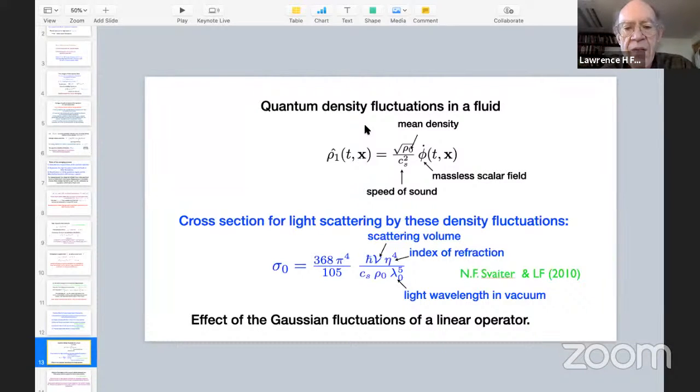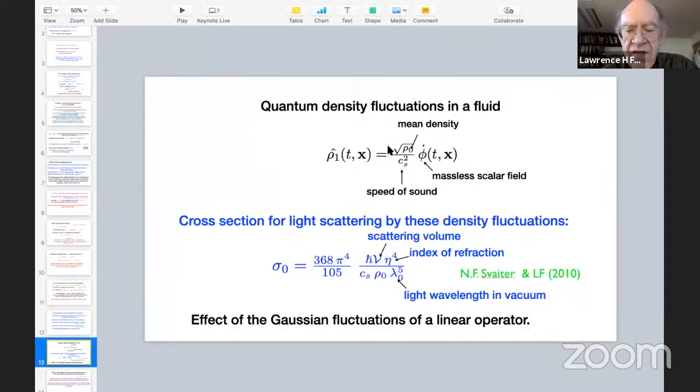And it's been shown in the past that those fluctuations are described by an operator, the density operator. But unfortunately, the word density operator in statistical physics means something completely different. This is really a quantum operator that describes the actual mass density of a fluid.